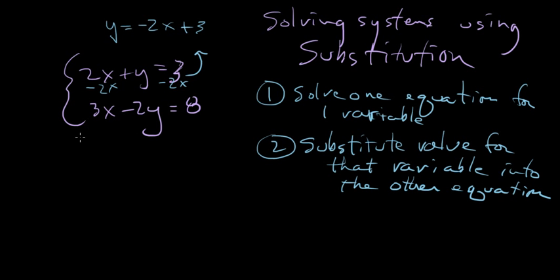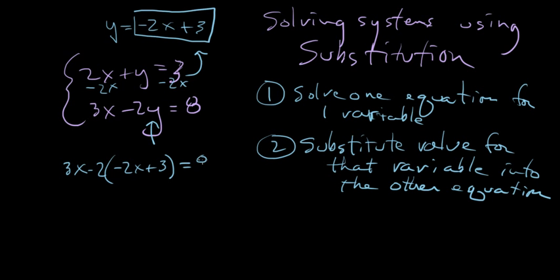What are we talking about there? Well, here's what I do. I put, instead of y, I put negative 2x plus 3 in there. So watch. 3x minus 2 times (negative 2x plus 3) equals 8. And then 3, solve for the other variable.